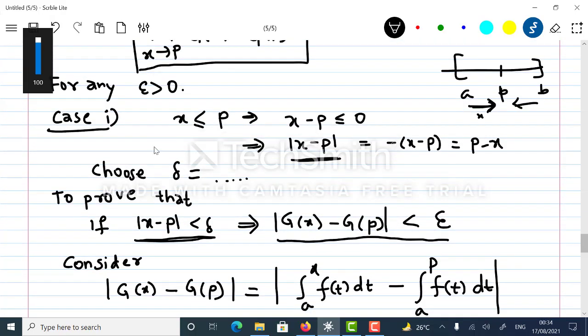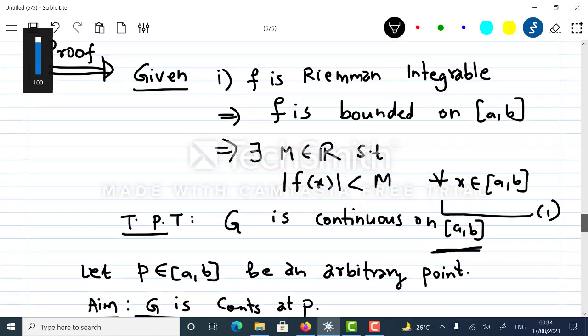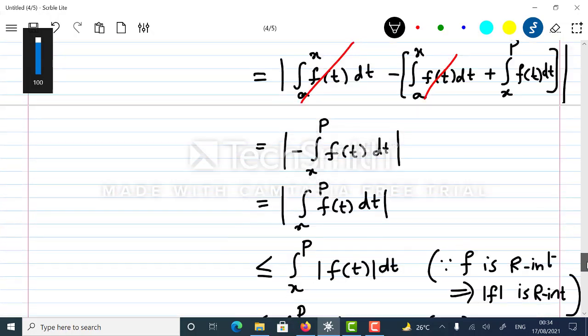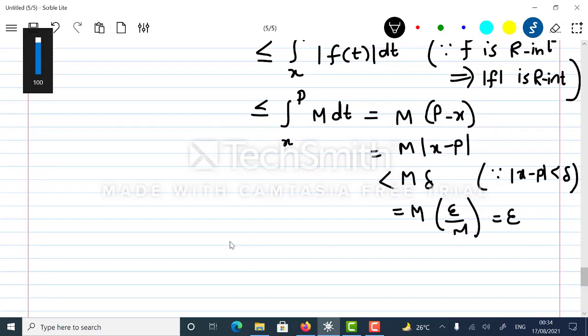So here I have kept a space, that is epsilon upon m, and we should make sure that m is positive. So I should say there exists m belongs to R plus such that m must be positive. Such m always exists, right?